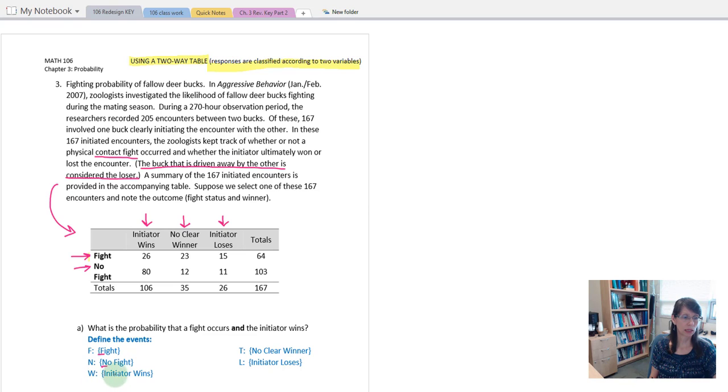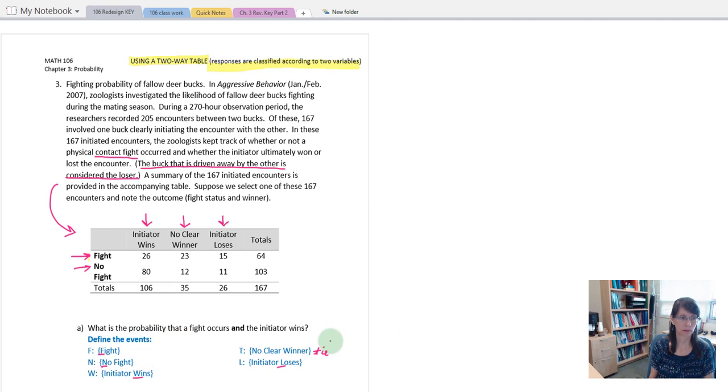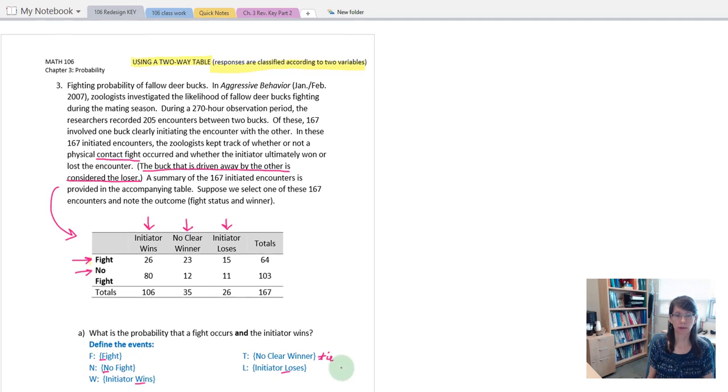Event W is initiator wins. Event T is no clear winner, because that's what we would consider to be a tie. And finally, event L is the initiator loses. So we have 5 different events to choose from.